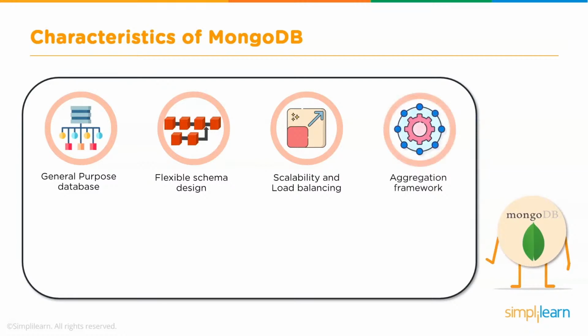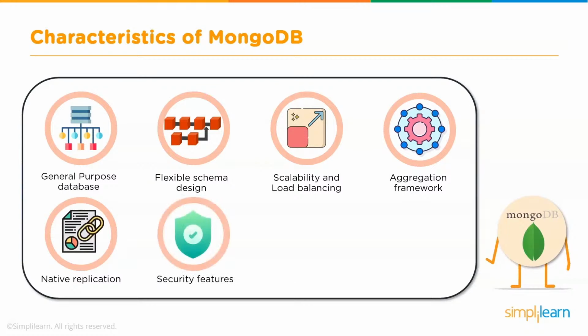Again, we have the aggregation framework. Now, MongoDB offers an extract, transform, and load framework that eliminates the need for complex data pipelines. Native replication: data will get replicated across a replica set without complicated setup. Security features: both authentication and authorization are taken into account in MongoDB.